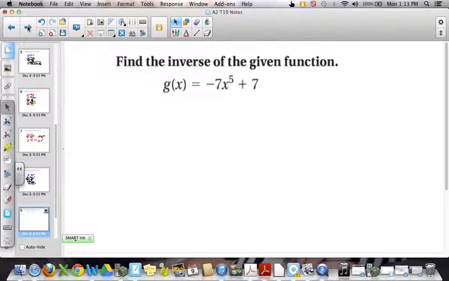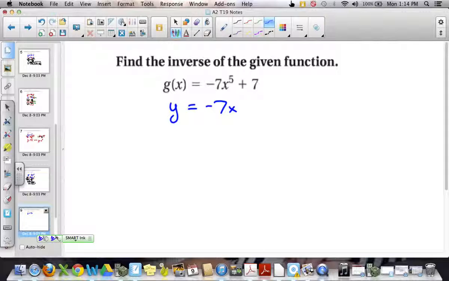All right, another example. Why don't you try this one first and see what you can come up with, and then you can unpause the video to see what I get. All right, so again, we start by changing the g of x into a y. And notice the operations that we have here.